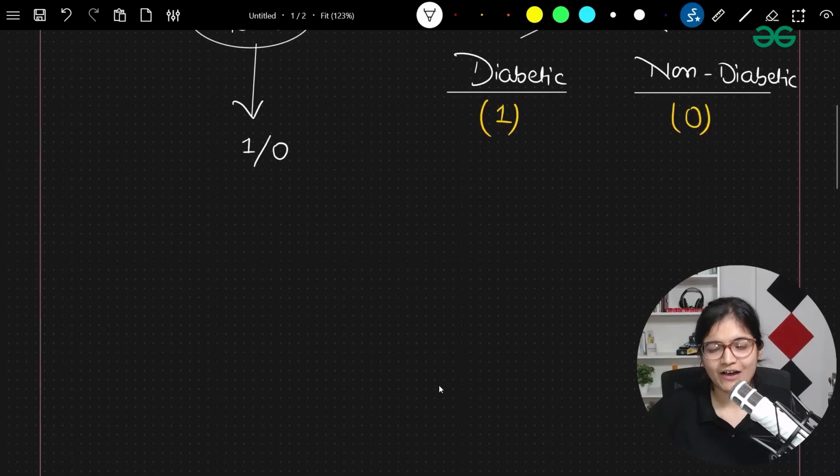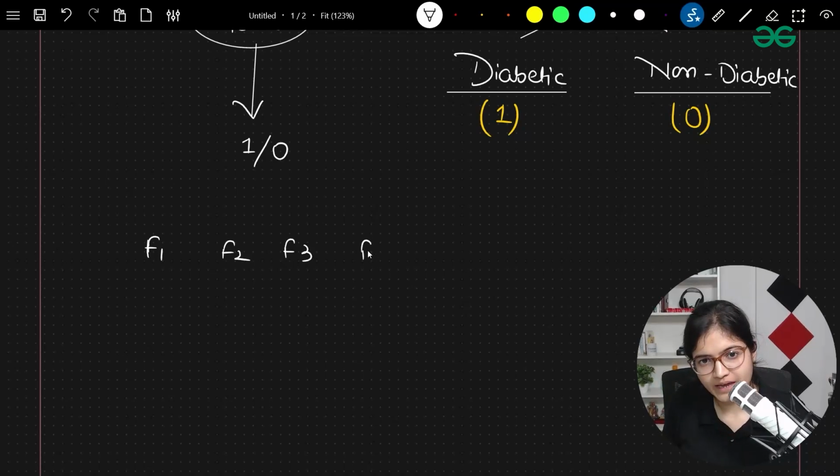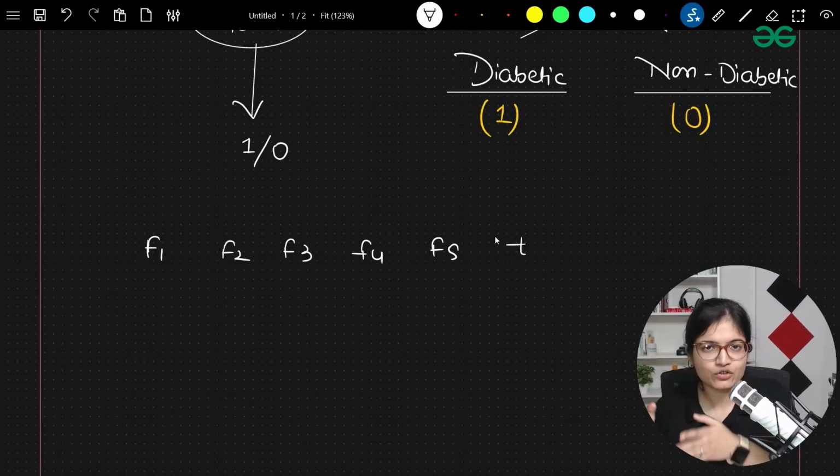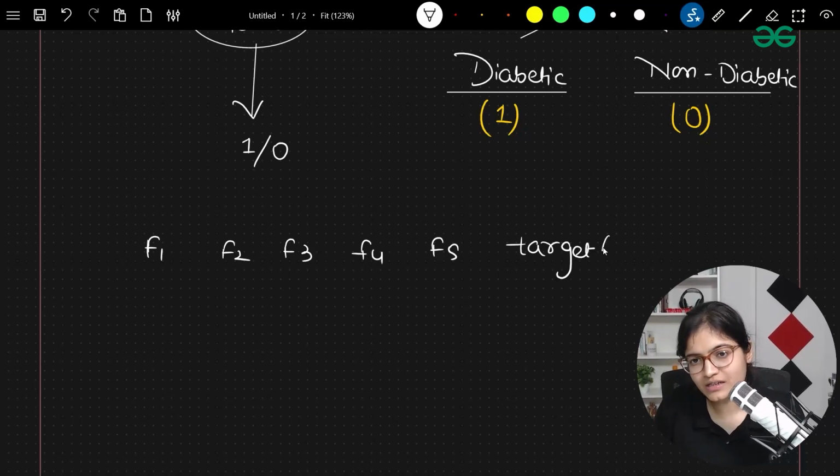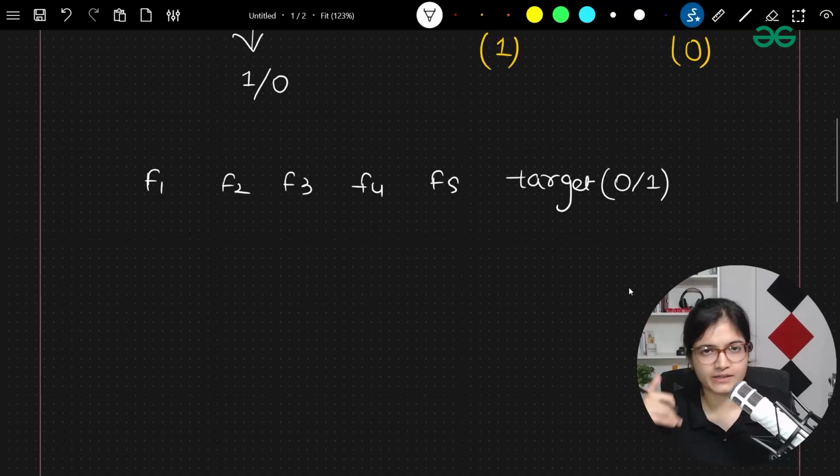So let's say I'm providing you a set of features, for example feature F1, F2, F3, F4, F5. When I say feature, it means the columns that we have, and corresponding to every row we will have a target value. Now this target value is either 0 or 1. 0 indicates a person is non-diabetic, 1 indicates a person is diabetic.